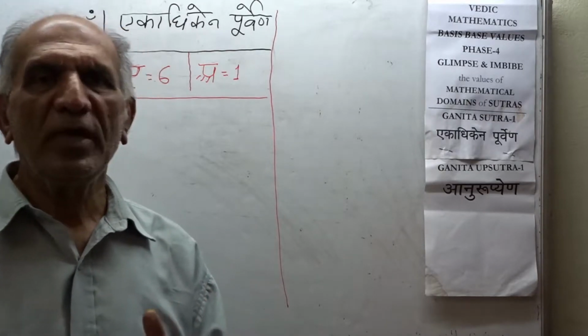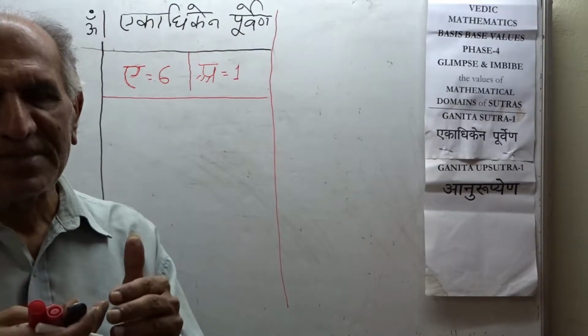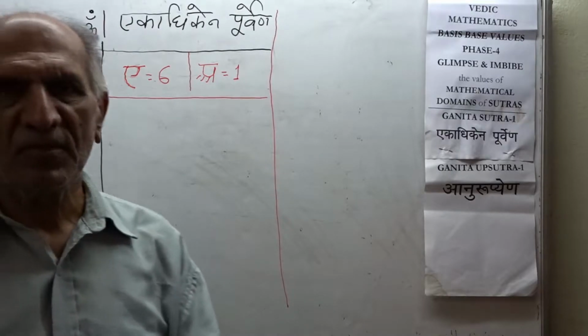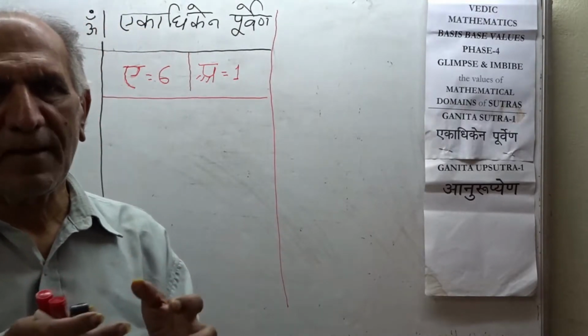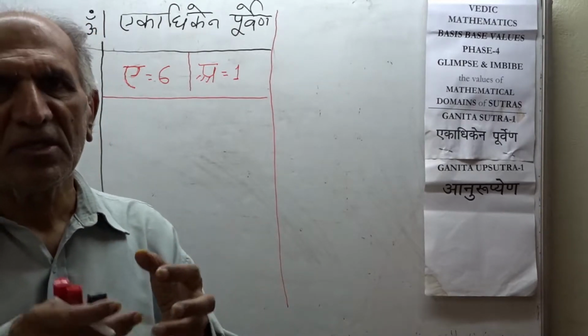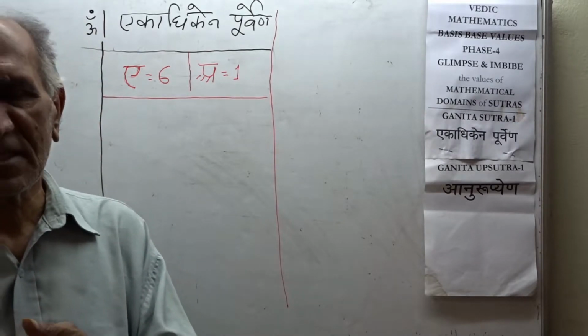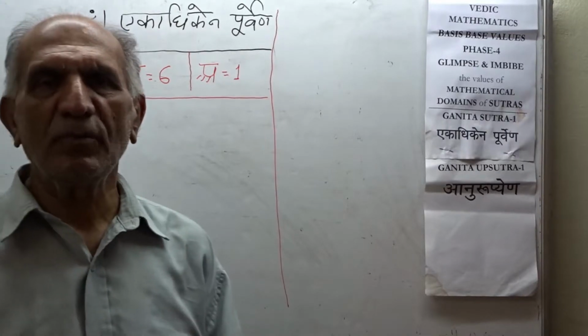From today we are taking up how we can glimpse and imbibe the values of mathematical domains. Therefore, phase 4 is the phase focusing upon how to glimpse and comprehend the values and features and other processing aspects and all other connected aspects of the mathematical domains.